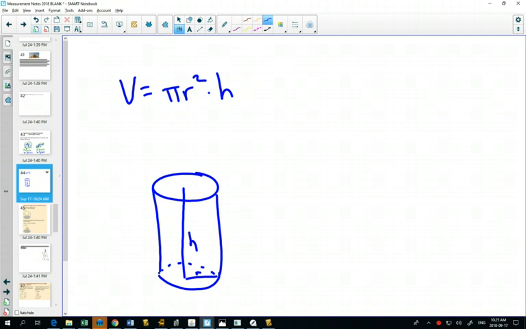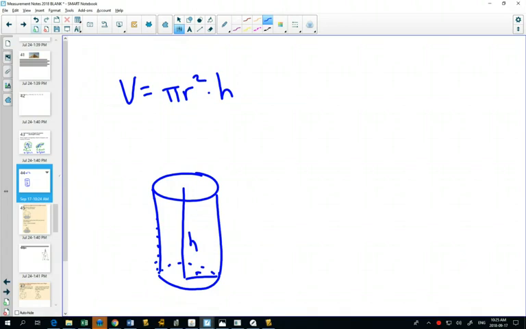Now, one way to think about volume in this case, and to help you remember this formula: the bottom shape is a circle. If I took a circle out of a piece of paper and cut it out, and then took another piece of paper and cut it out and stacked it on top, and another one, and I kept stacking pieces of paper until I got to the very top, the whole thing would be solid paper.